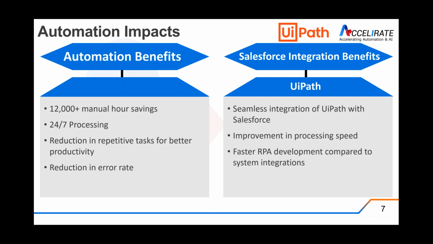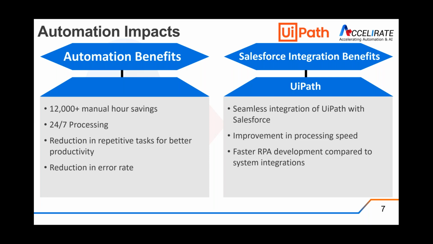Accelirate's automated tasks run 24/7 to facilitate real-time document processing and equip the document processors to focus on validating the incoming documents. The benefits of RPA integration with Salesforce are seamless integration of UiPath with Salesforce, improvement in processing speeds, and faster RPA development compared to system integrations.